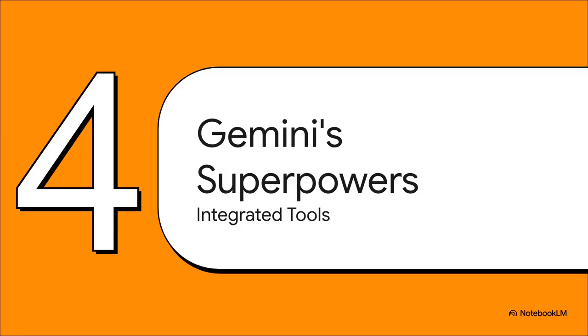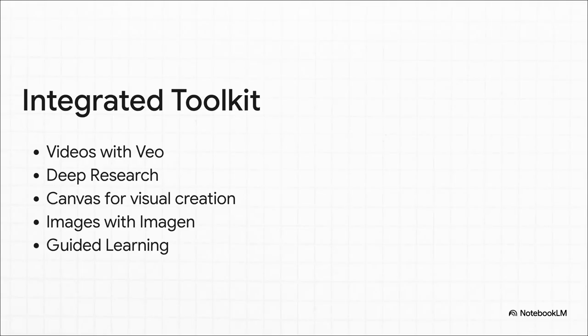And now for the really, really exciting part. Beyond just text, Gemini has these integrated tools that are like unlocking special superpowers for your co-pilot. This is where it plugs into the whole Google ecosystem, and things get wild. Just look at this toolkit. These aren't just features, they are genuine superpowers.